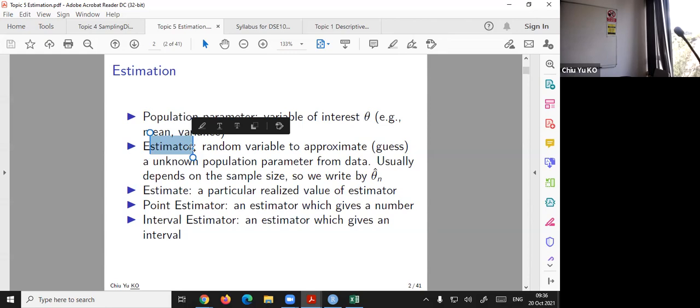And if the guy says today's Hang Seng Index will be between 24,000 and 26,000, that is an interval estimator, right? Because it just gives a range, and you are claiming that at the end of the day it will be somewhere there. So that is an interval estimator.